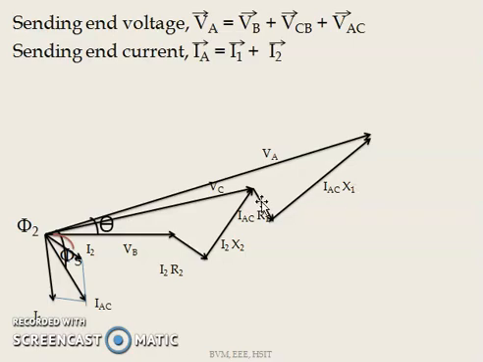The addition of IAC R1 and IAC X1 is VAC. Addition of VAC along with VC is nothing but your VA, the sending end voltage.